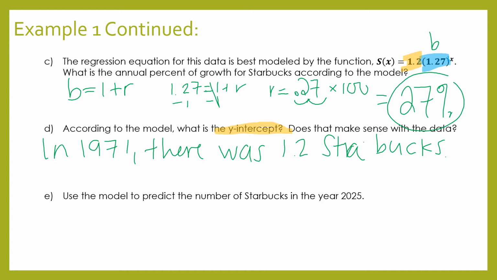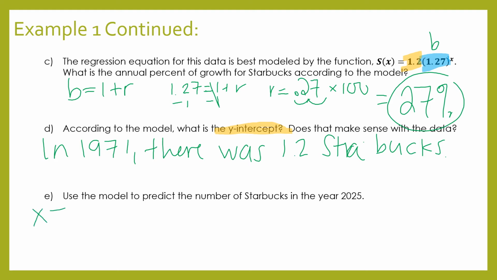The last part for this problem says predict the number of Starbucks in the year 2025. In order to do this problem, we need to figure out how many years have passed from 1971 to 2025, because x is representing our years since 1971.